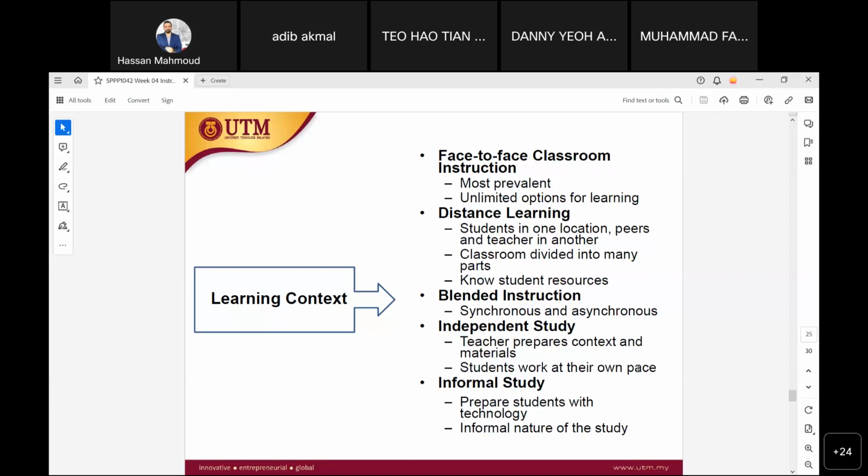Danny: learning context means the environment. Good. Learning method is the way to deliver them. Exactly. Perfect, Danny. Thank you very much. Sarah and Danny, perfect answers. Okay, one more answer before we continue. Anyone?